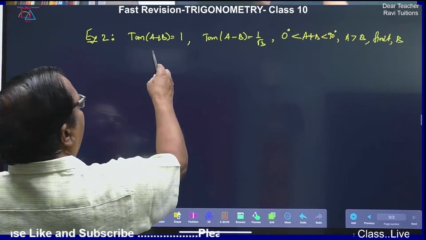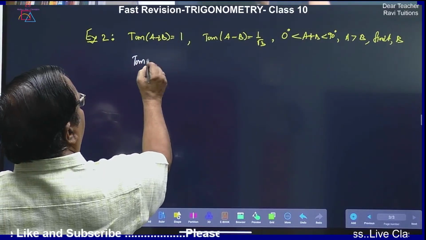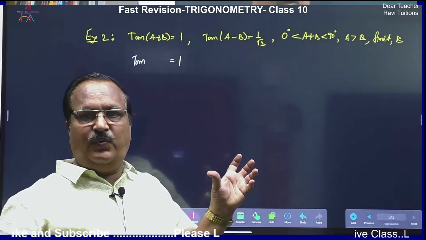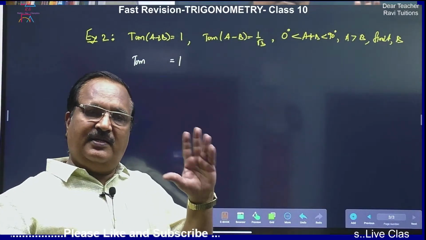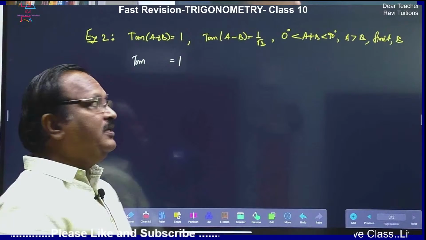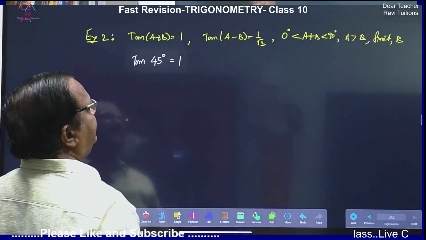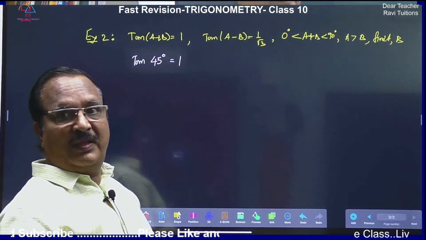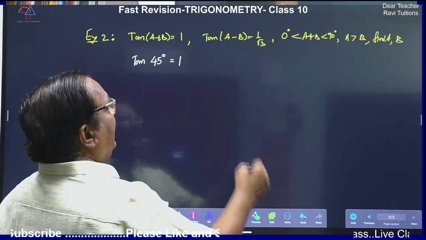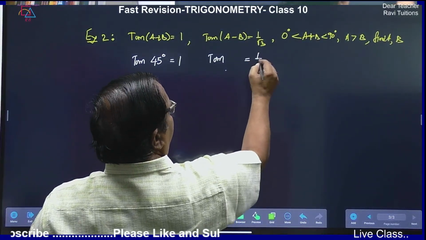Now tan(A plus B) is 1 and tan of something is equal to 1. Tan of something is equal to 1. Check the table, find the table. In the table, tan of how much is 1 you find out, and you will be getting 45 degrees. Tan 45 degrees is equal to 1. So now this you have to write from the table. And tan of how much is 1 by root 3.